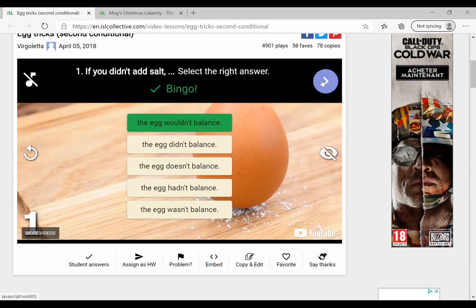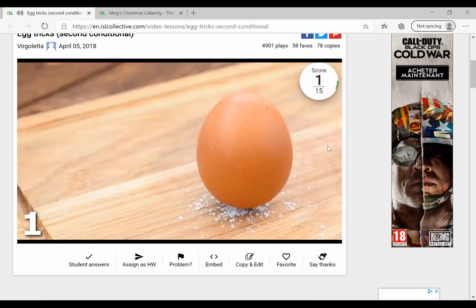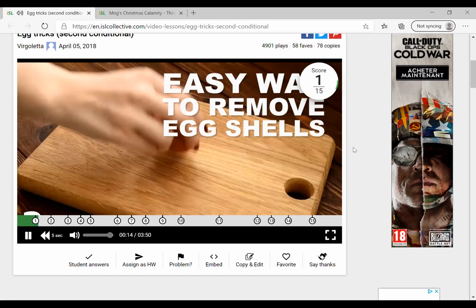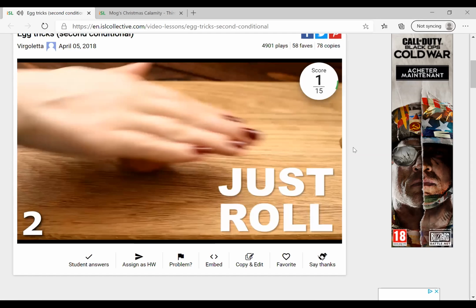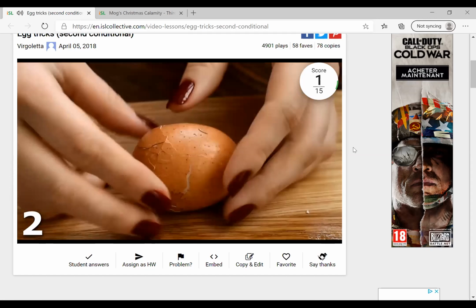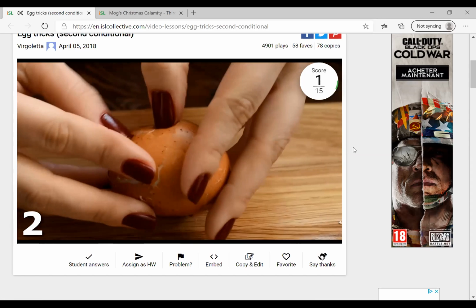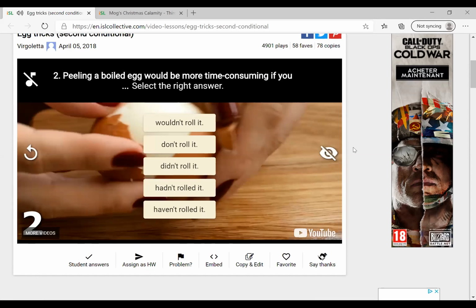Okay, can we continue? Next. Florence: Peeling a boiled egg would be more time consuming if you didn't roll it.